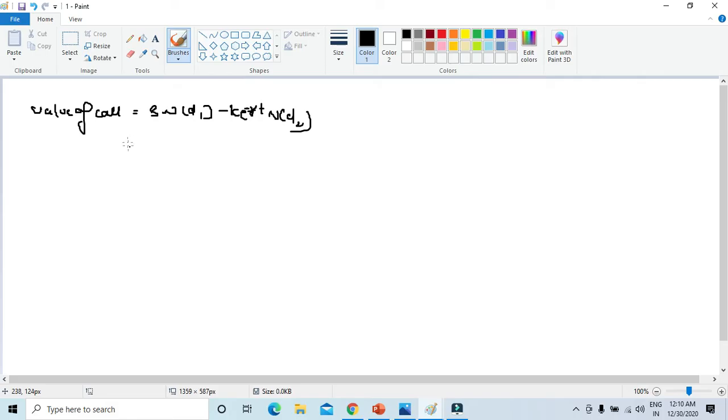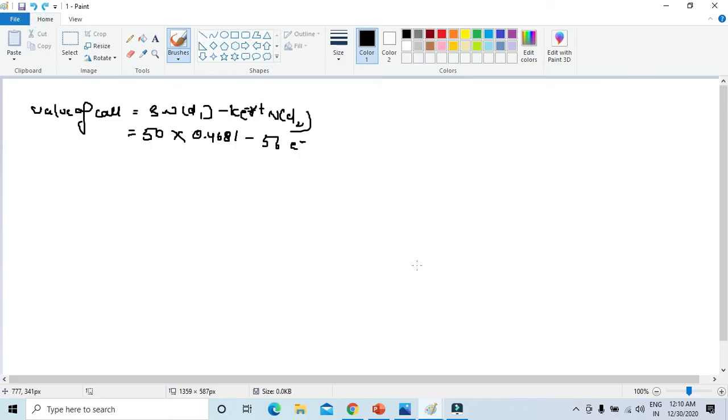So here, S is how much in the question? The spot price given is 50, into ND1, which I got as 0.4681, minus K, which is nothing but 56, into e power minus RT. What is R over here?